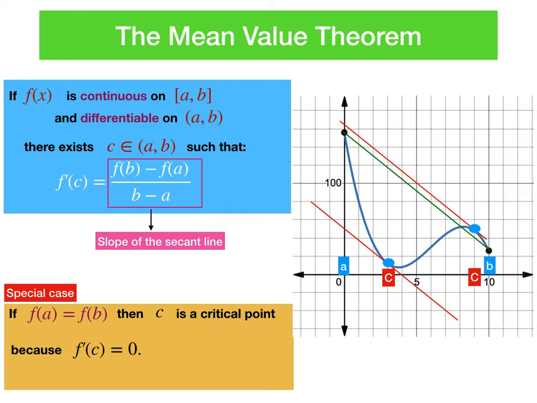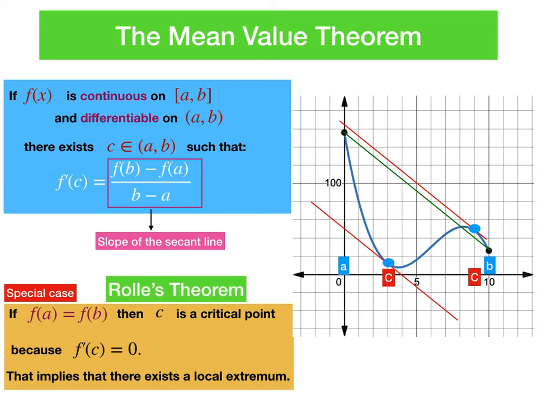That means if you have all the conditions satisfied for the mean value theorem, and if you have another extra condition, which is f of a equals f of b, then you are guaranteed to have a local extremum, which means at least either one local minimum or one local maximum on the interval from a to b. So this special case here is Rolle's theorem.